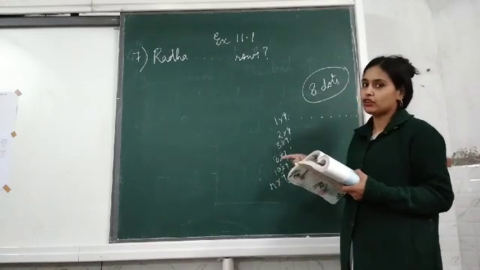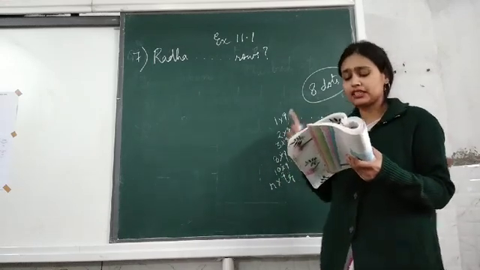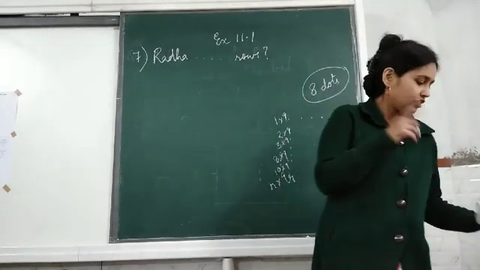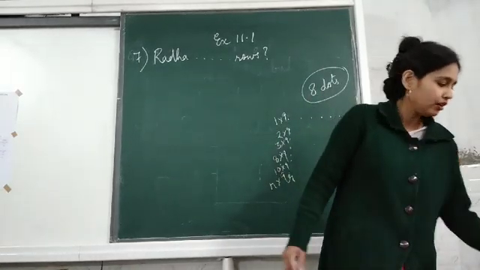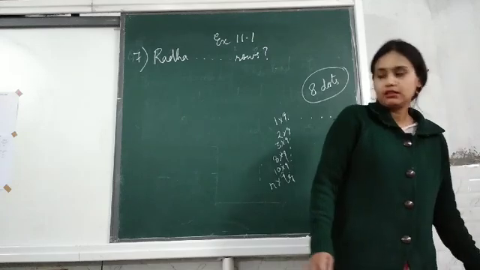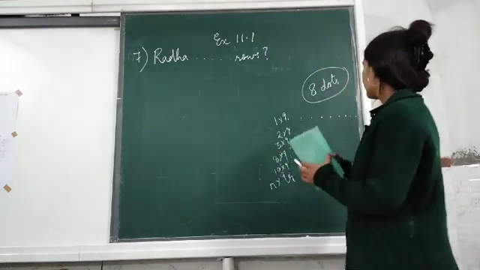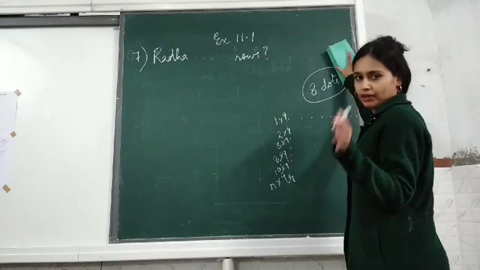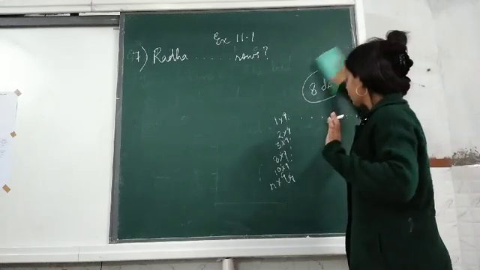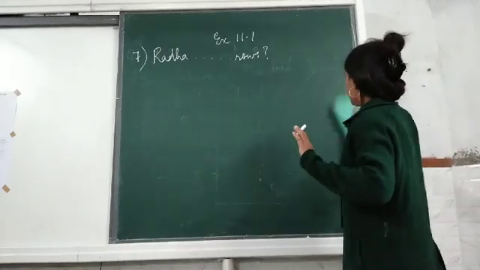So it depends on your book. In my book it's given 9. It's an old book, and it's marked, cancelled and written 8 dots also. So I am doing it for both. You do whatever is written in your book.